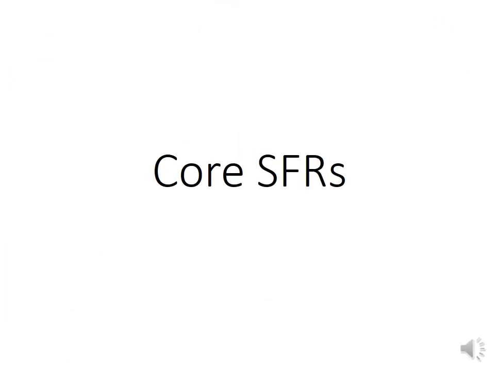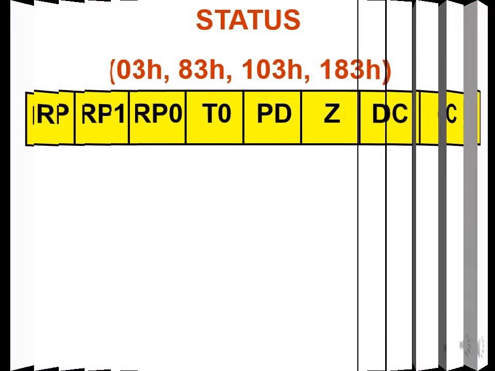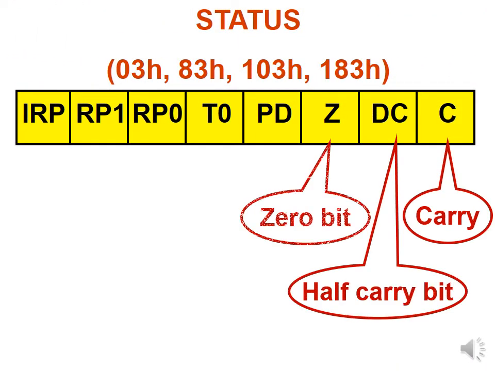We are now going to look at the functions of the core SFRs. Generally, each core SFR is made up of a number of bits, and each bit is responsible for a particular function. The STATUS special function register is found at addresses 3H, 83H, 103H, and 183H.